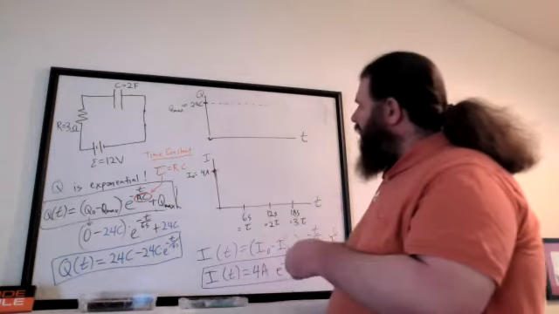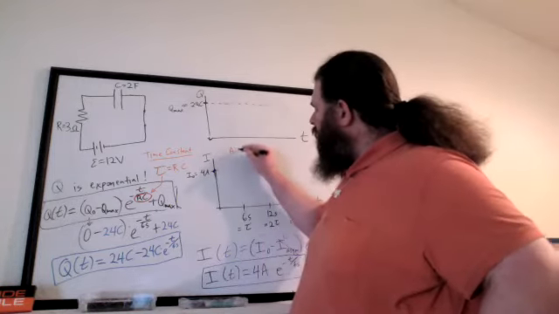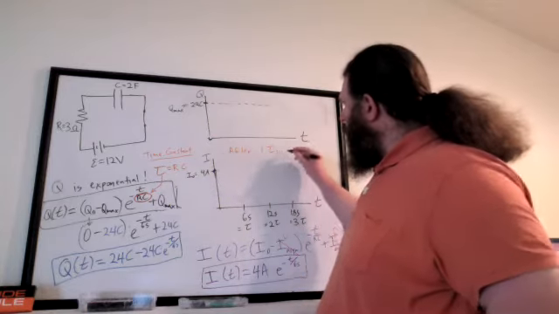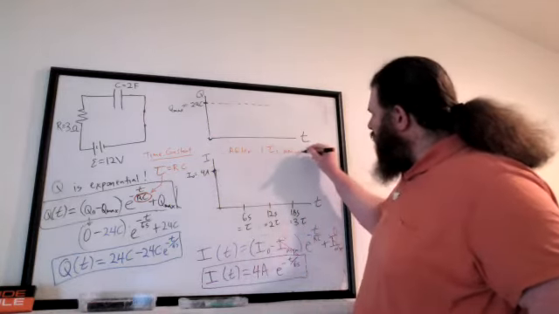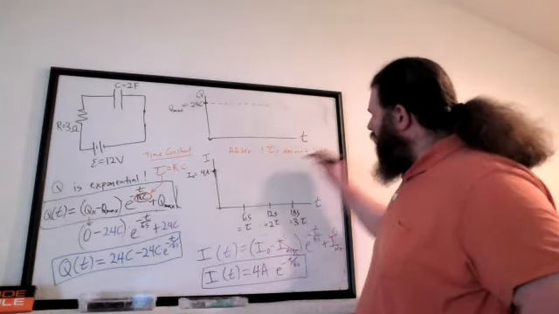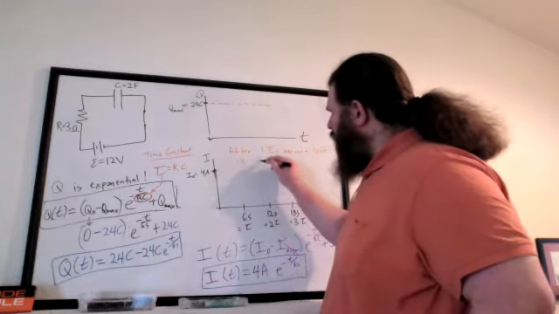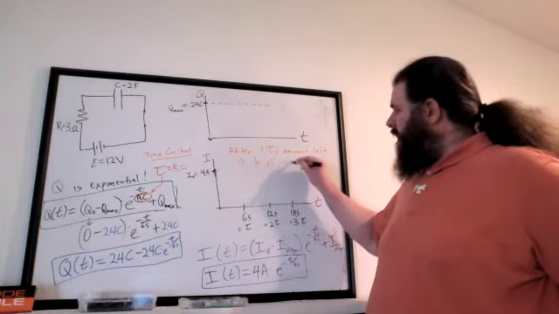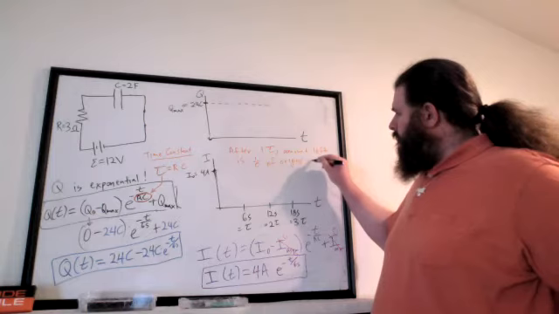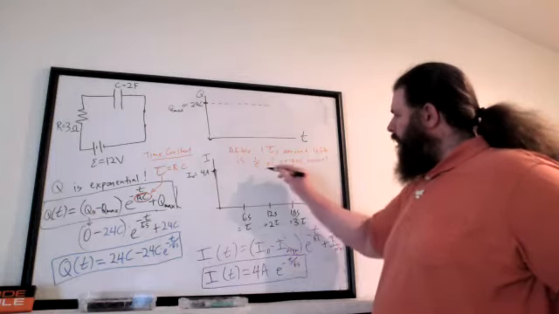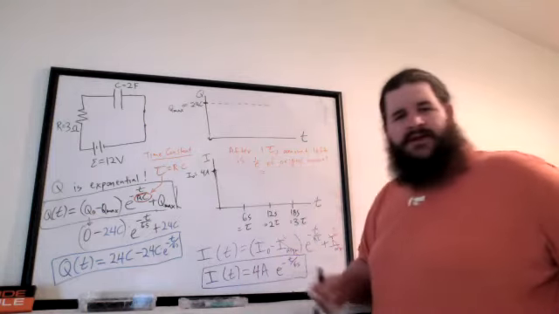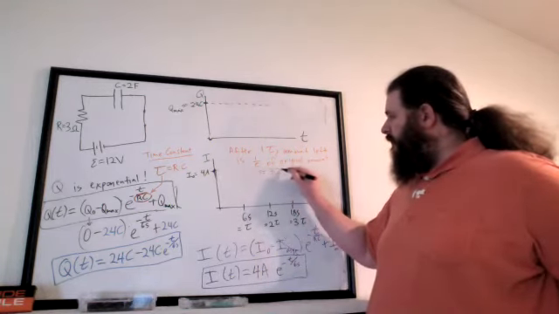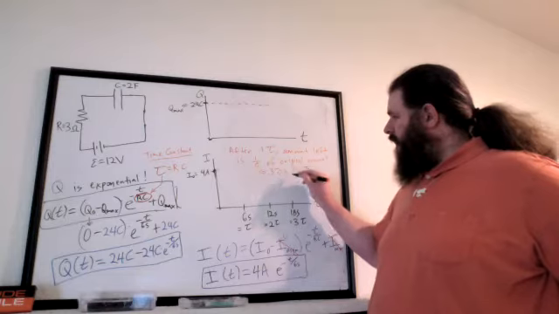So after one time constant, 1 tau, the amount left is 1 over e, because that's e to the -1 of the original amount. And 1 over e works out to about 0.37, so we could call this about 37% of the original amount.